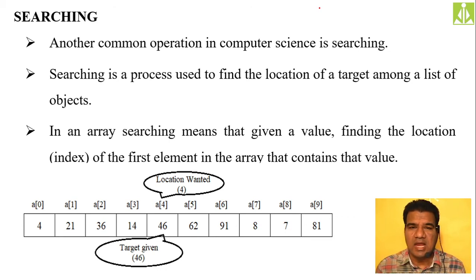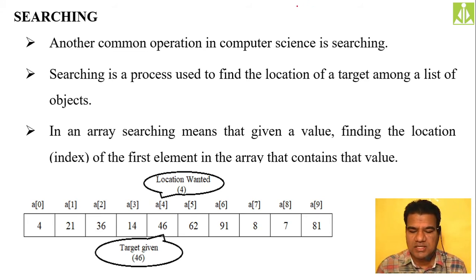If any element matches the given target, we say the target is found at so and so location, because all the locations are marked with indexes, isn't it? Being an array, it will have indexes from 0 to maximum size minus 1. So all the locations inside your list are marked with index values like 0, 1, 2, 3, 4 up to the maximum size minus 1.